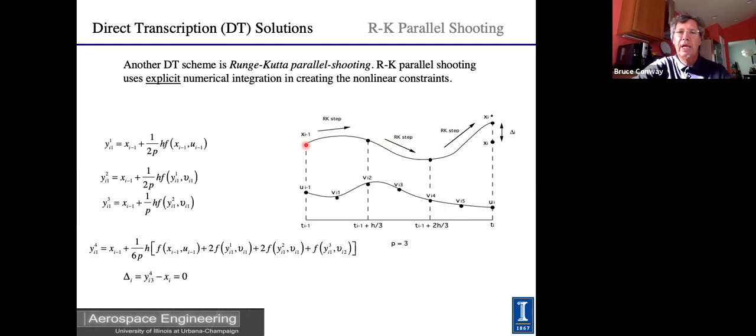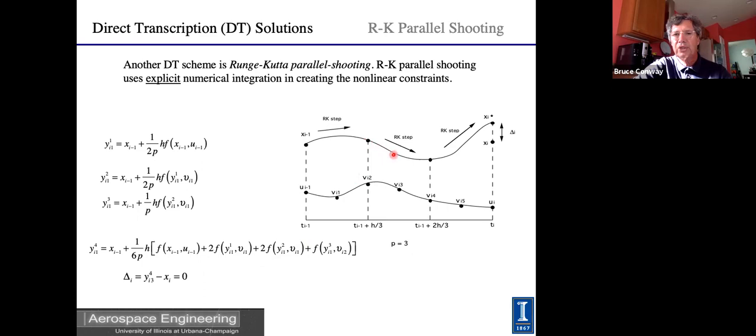So suppose that the nonlinear programming solver thinks that one of the states has this value at the left-hand side of the segment, and you use these controls at these 3 points in the right-hand sides of the RK step formulas, and you propagate to here. Well, you get a value for the state, but let's not make it an NLP parameter.